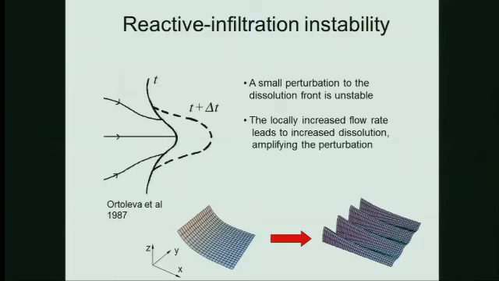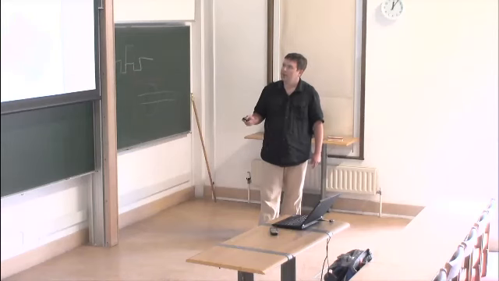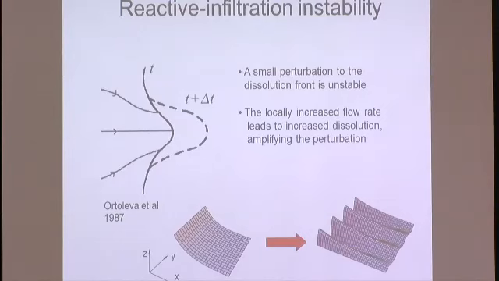Okay, and this is similar to an instability which was described before in porous media, first described by Chadam and Ortoleva at the end of the 80s, which is called reactive infiltration instability. The basic mechanism is the following: if you have a small bump on the dissolution front, or the border between the dissolved and undissolved space, then the permeability is locally enhanced near such a bump, so the flow is faster.